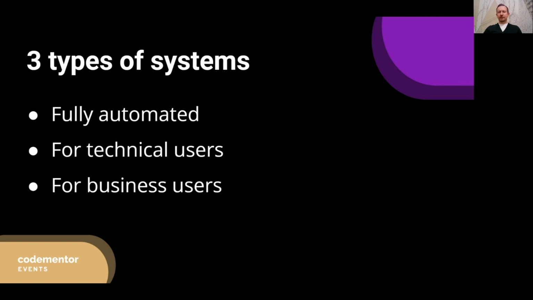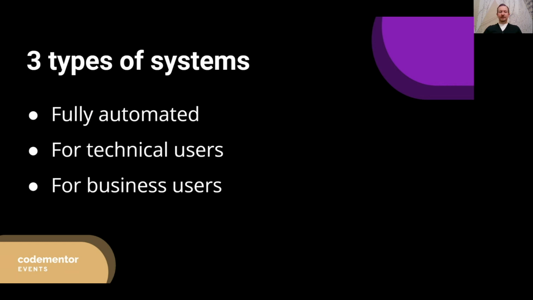Inside it, there will be some analytical model that gives recommendations, and it is working in production, just applies it. Then it can be a system for technical users like analysts. Here you do not invest in a graphical user interface and have to invest in logics.